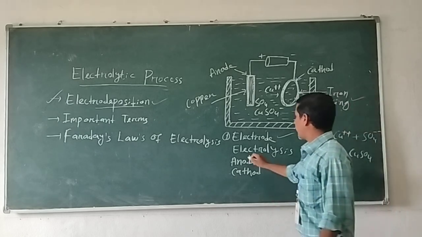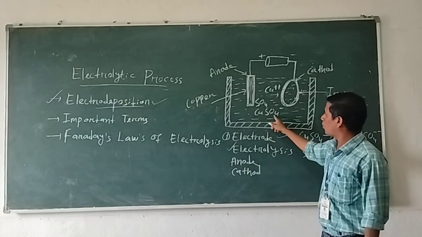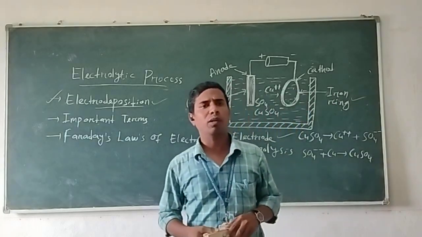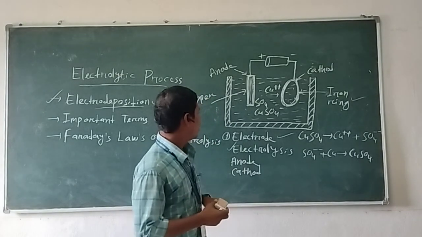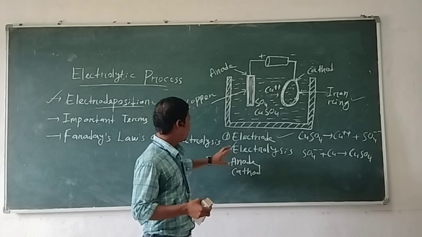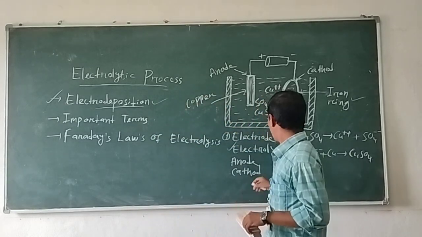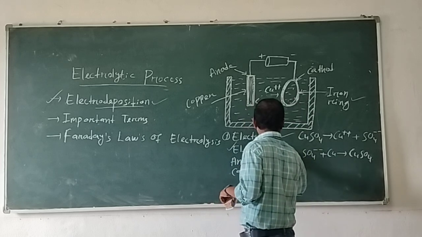And electrolyte means the solution. Here we have taken CuSO4. That solution can be solid or liquid, generally a salt. Here we have taken CuSO4, and that dissolved liquid is called the electrolyte.